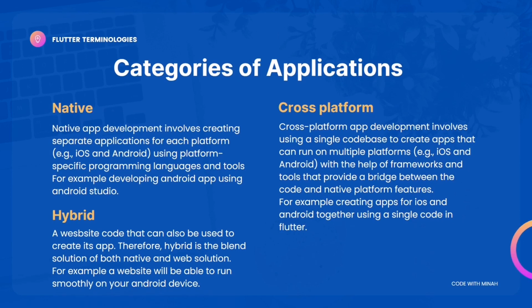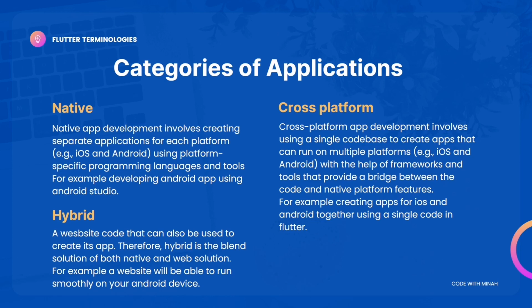Now, when you create your applications, whether it's for cross-platform or for a specific platform, here are the 3 basic categories of applications. The first one is native application, the second one is cross-platform, and the third is hybrid application.